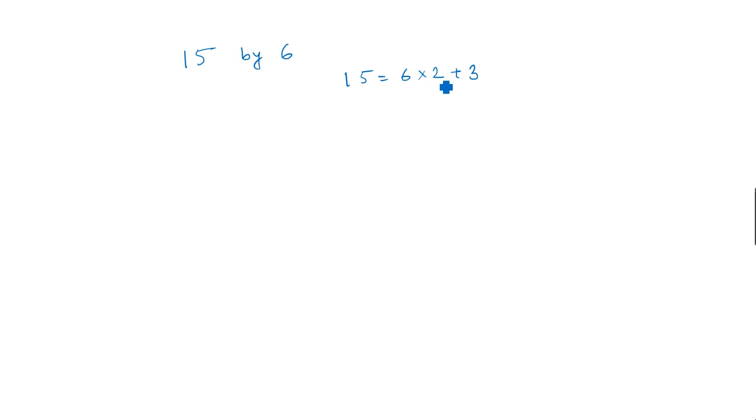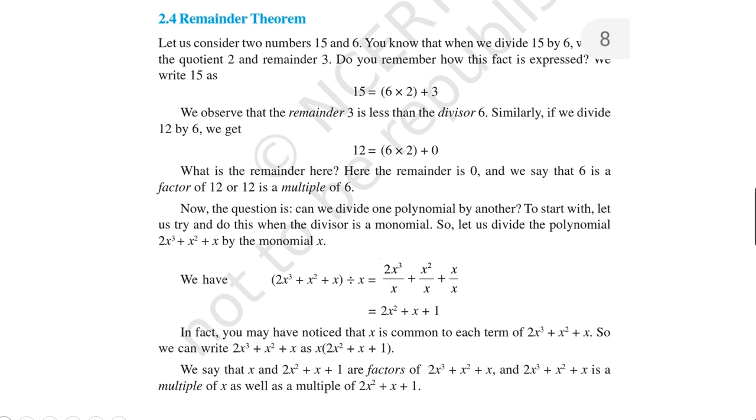So here we are getting a quotient and a remainder. And there is something to notice: 3 is less than 6 but greater than or equal to 0. So these are known from our concepts in number theory.